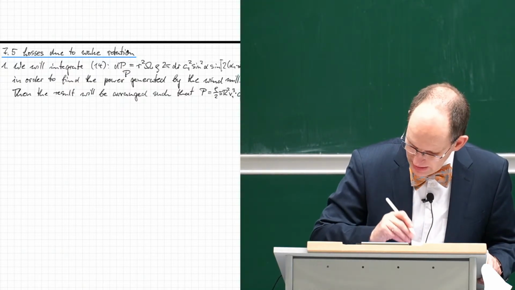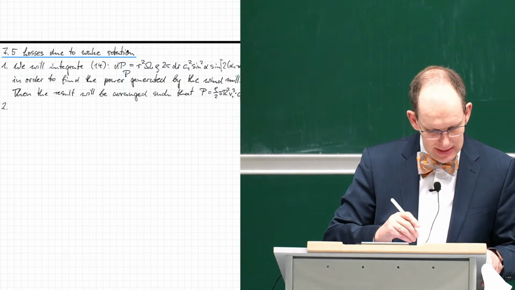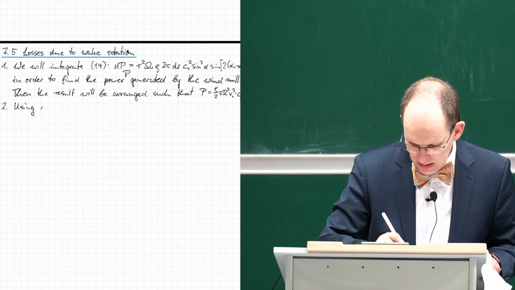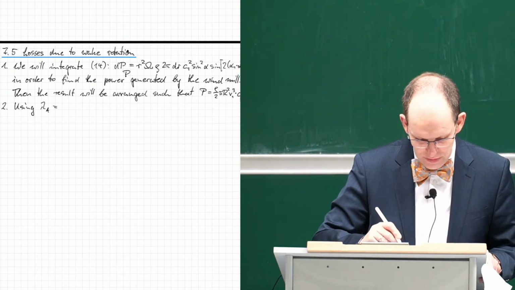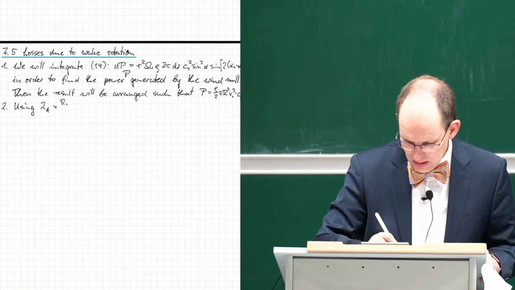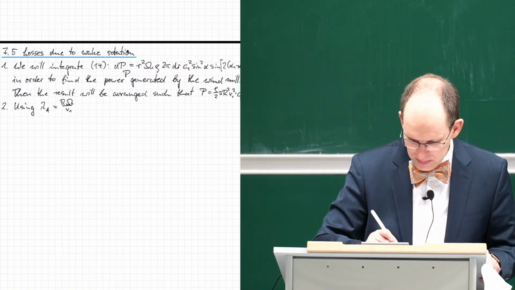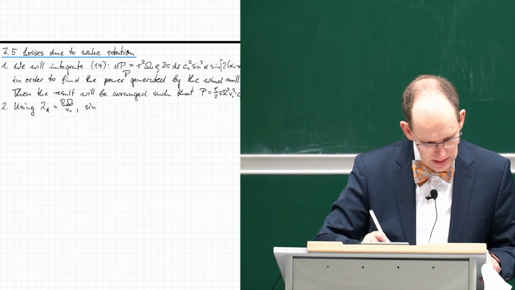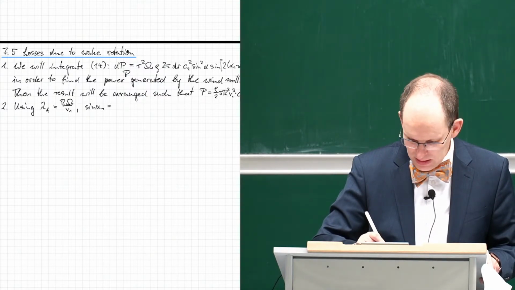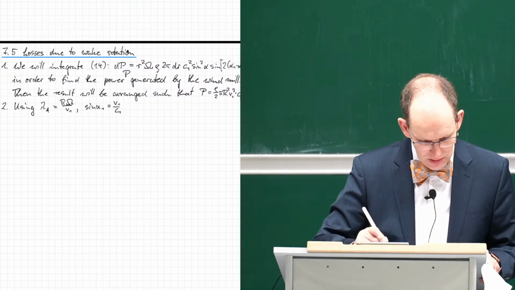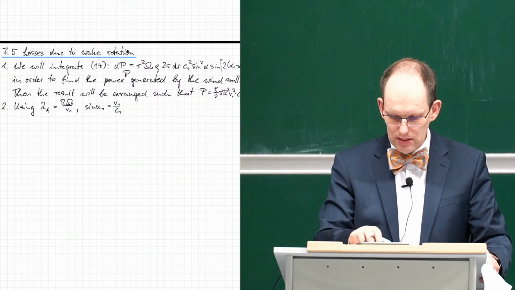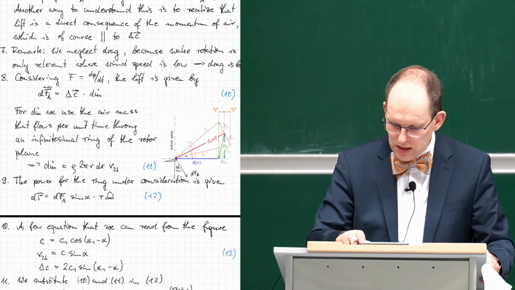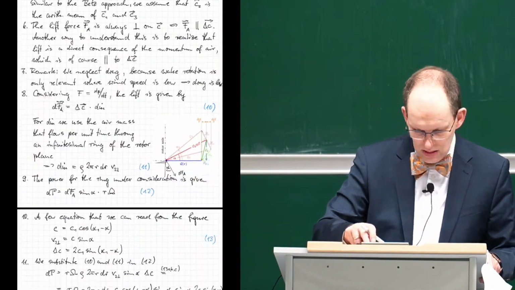Okay, so let's do this little exercise. We use the definition of the tip speed ratio, r times omega divided by v1. Then we use sine of alpha 1 equals v1 over c1. If you look at this figure here, you get it immediately.